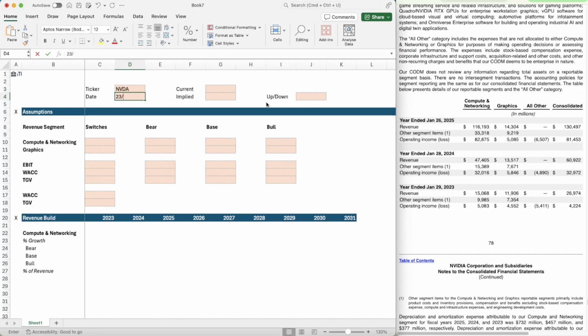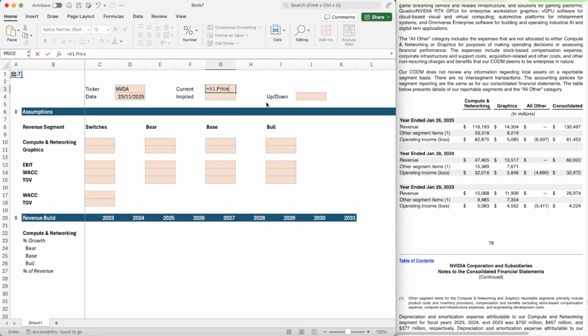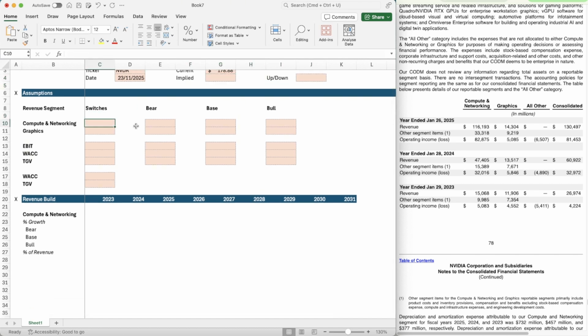The date today is the 23rd of the 11th, 2025. The current price equals A1 dot, open the brackets, price. And these two we can leave because they will be calculated by the model. In your switches, just leave everything at 2, like that, and we'll sort out the rest later.